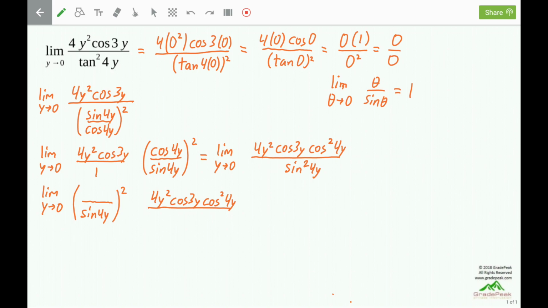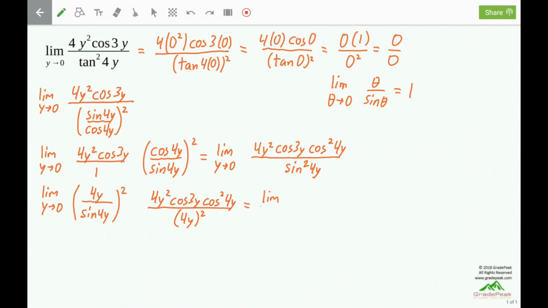Now we need to phase match. We have a sine phase of 4y in the denominator. We need a phase match with a 4y in the other position, which is the numerator. We're going to put a 4y in there. And then to compensate, I will put a 4y, which is being squared, in the denominator of the other fraction. Be sure to square it to compensate it fully.